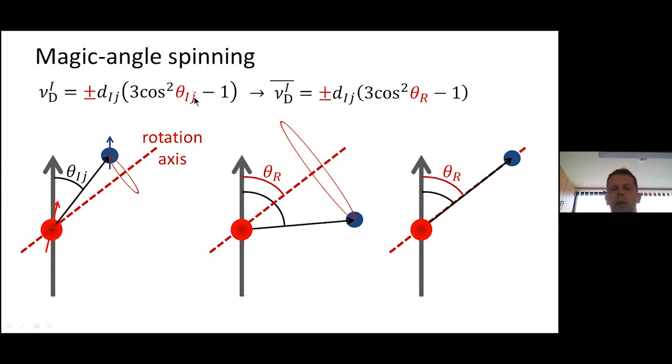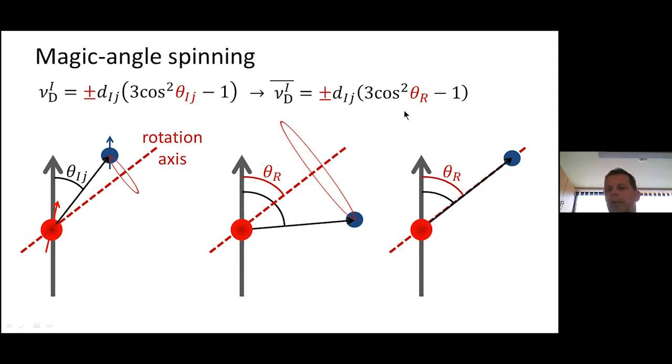So we will not be dealing with a distribution of theta ij angles, but they will all have an equal contribution, which will depend on the theta r angle, the angle between the axis of rotation and the external magnetic field.